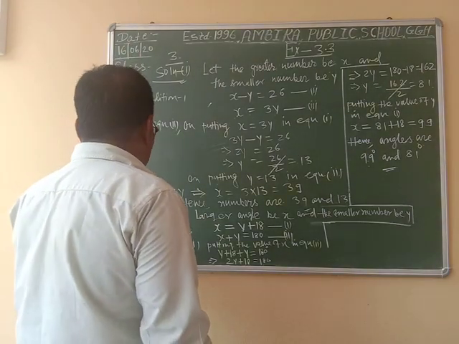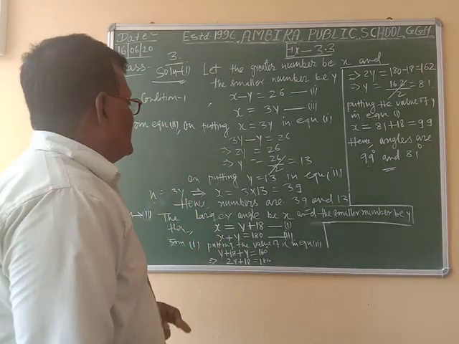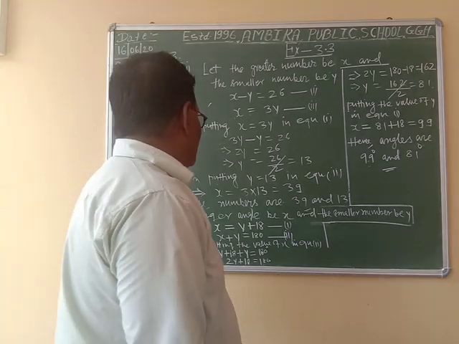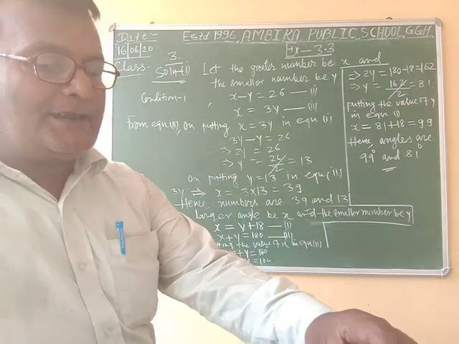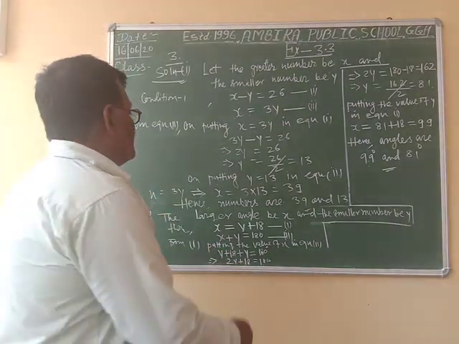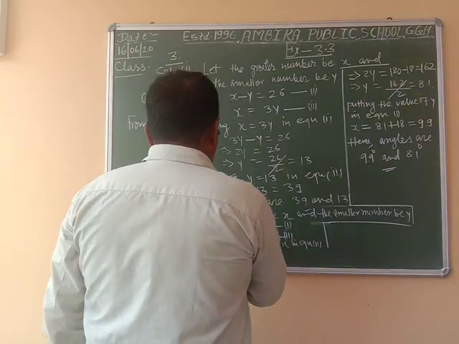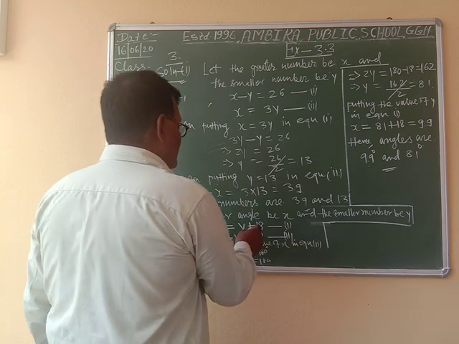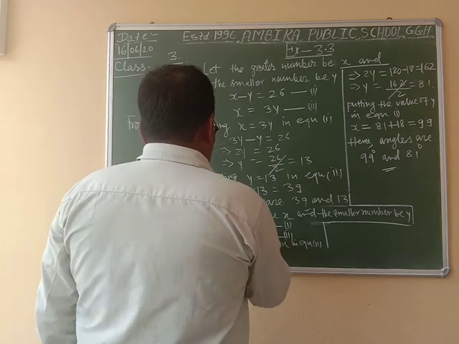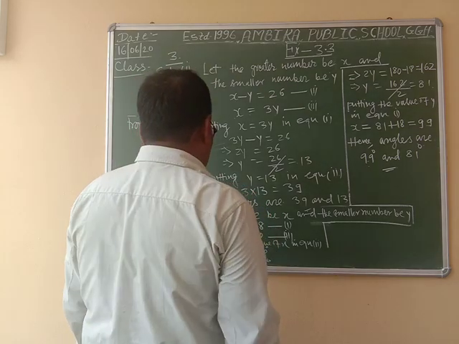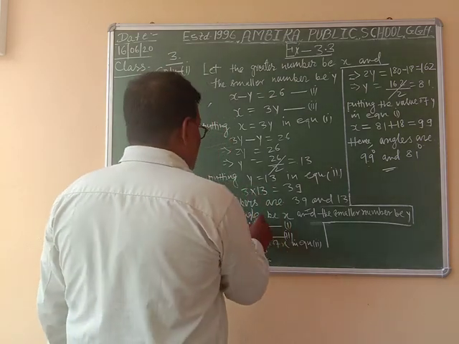Question number 3. The larger angle exceeds the smaller angle by 18. We are given two supplementary angles, and the larger angle exceeds the smaller angle by 18.